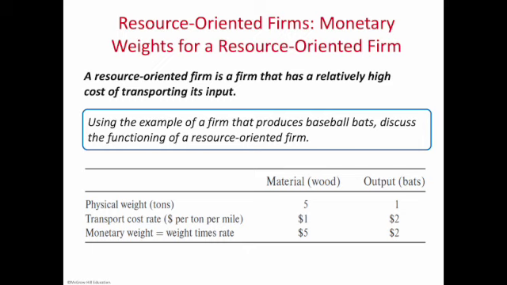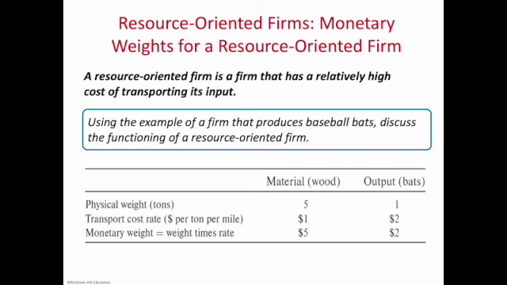The outcome of the locational tug-of-war is determined by the monetary weights of the firm's inputs and outputs. The monetary weight of the input equals the physical weight of the input, 5 tons, times the transport cost rate, $1 per ton per mile, or $5 per mile. Similarly, the monetary weight of the output is 1 ton times $2, or $2 per mile.